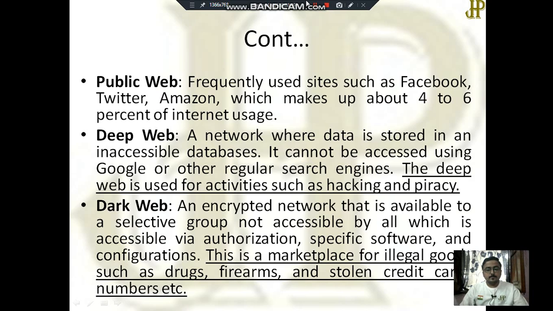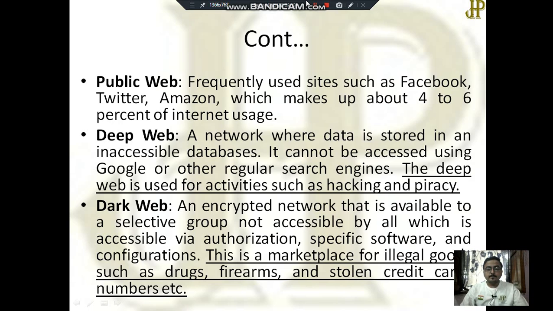So, the web we are using or dealing with, like Facebook, Twitter, Amazon, is in the category of public web. Other than this, there are two more webs, known as the deep web and the dark web.